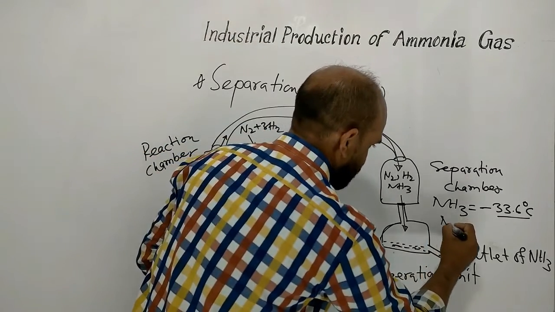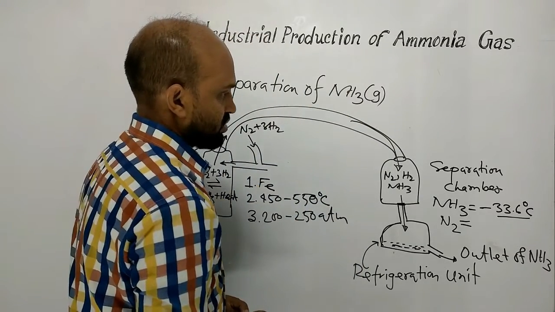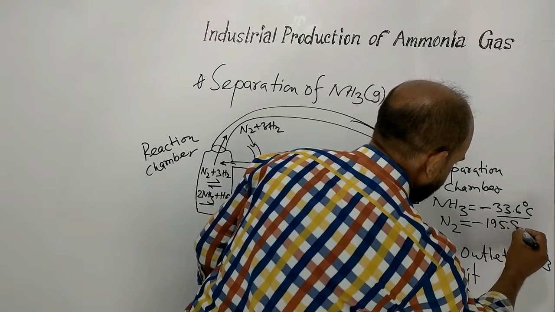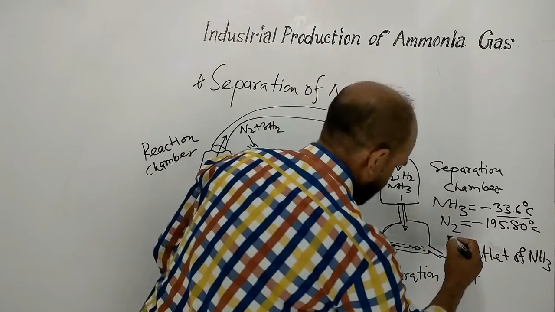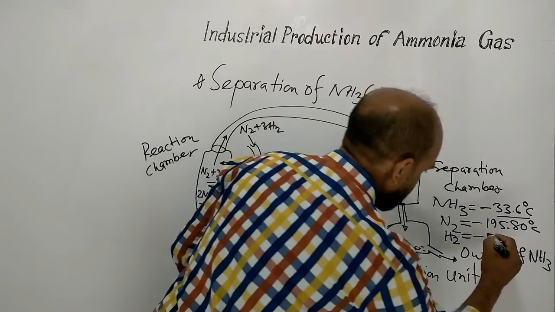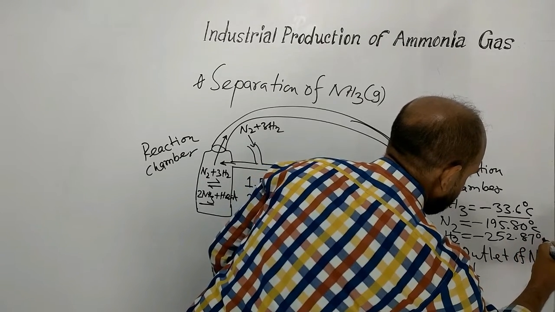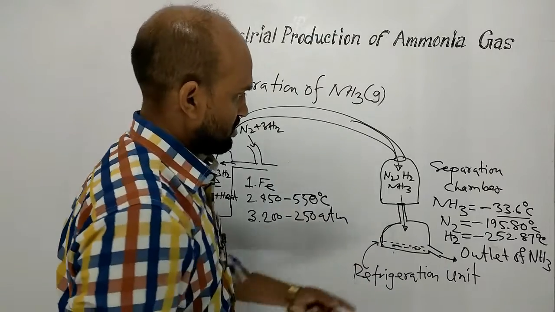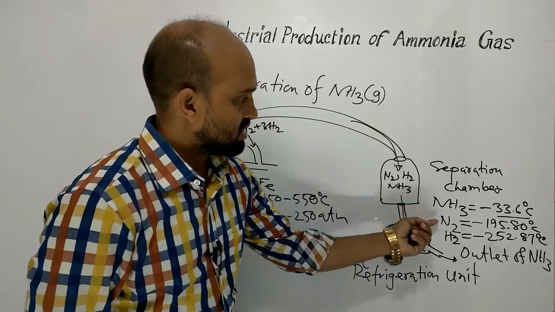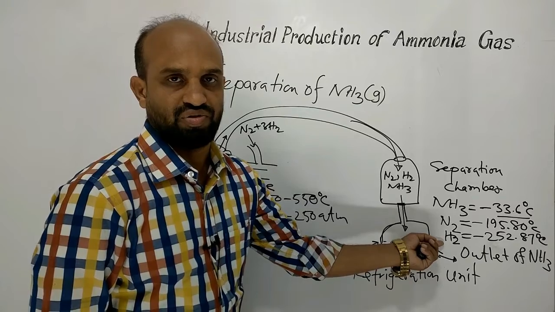But nitrogen is not liquefied because the condensation temperature of nitrogen is minus 195.80 degrees Celsius and the condensation point of hydrogen is minus 252.87 degrees Celsius. So at the temperature at which ammonia is liquefied, nitrogen and hydrogen are not liquefied.